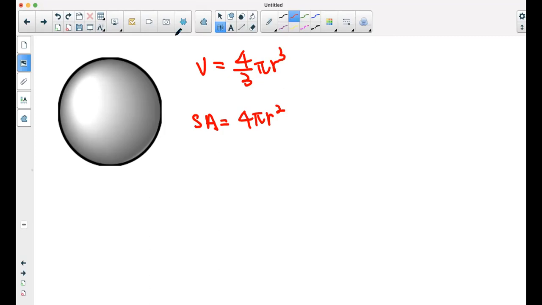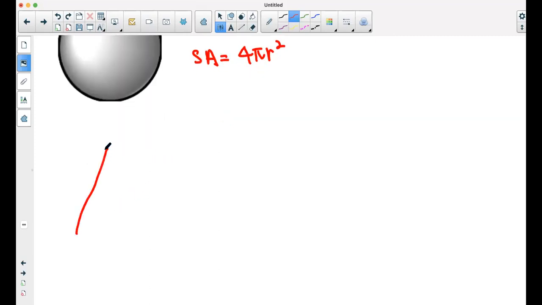How about the cone, right? When you have a cone, that's r, that's h, and then this is L. L is the slant height.